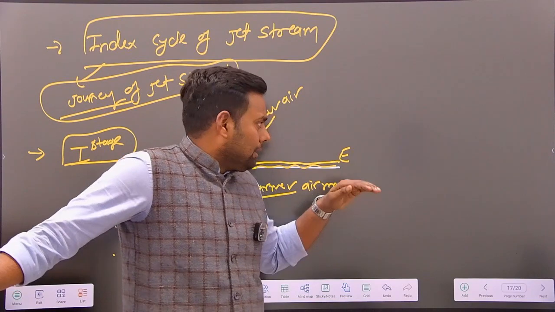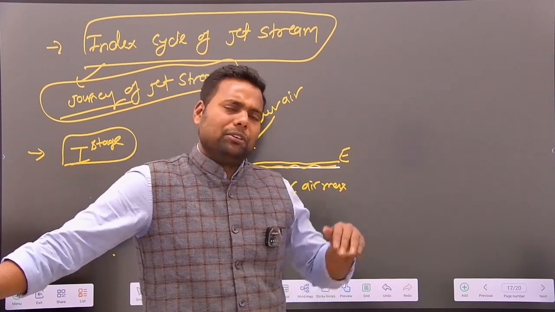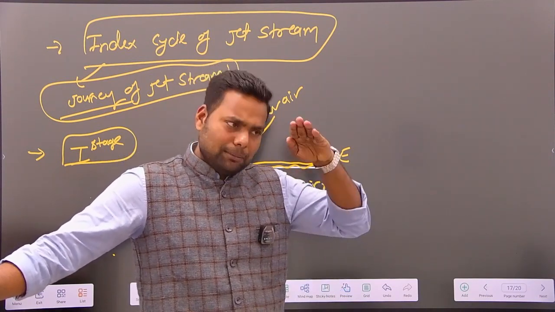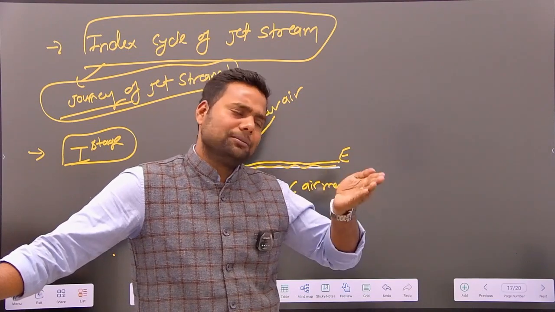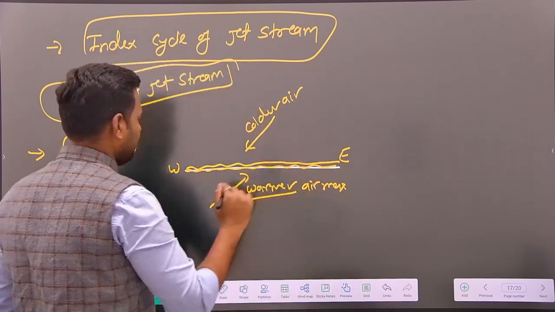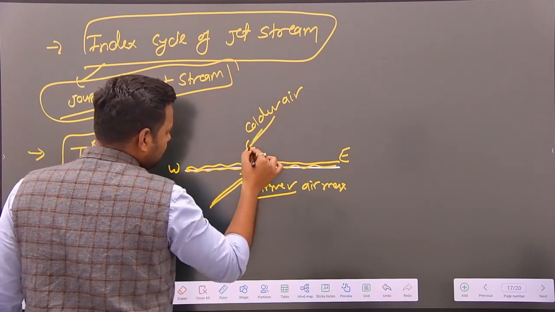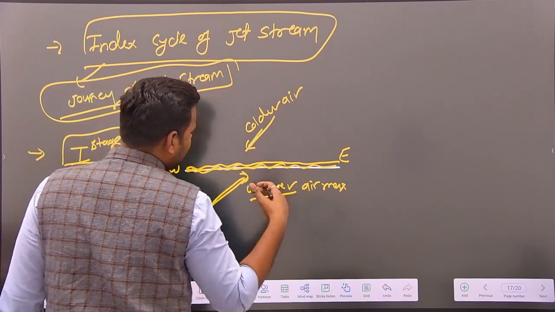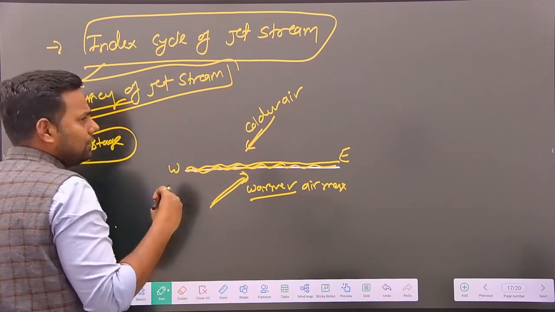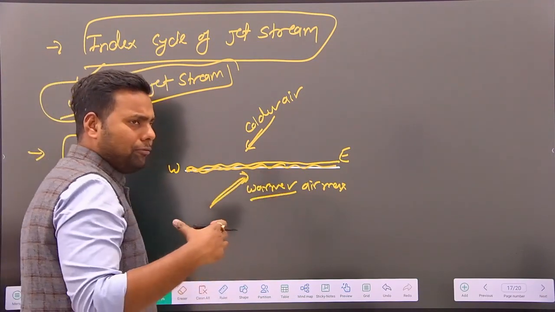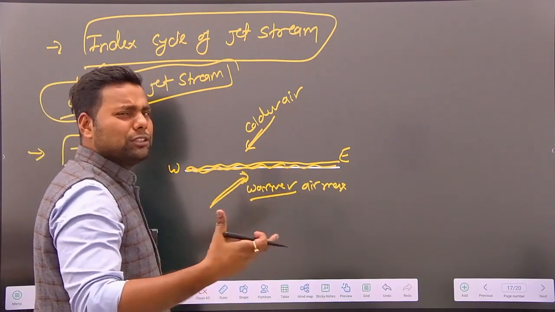Because of the thermal gradient, the thermal contrast between the polar region and the equatorial region. The first stage is convergence, and the stream forms. What does stream mean? Stream means the fluid nature of anything.